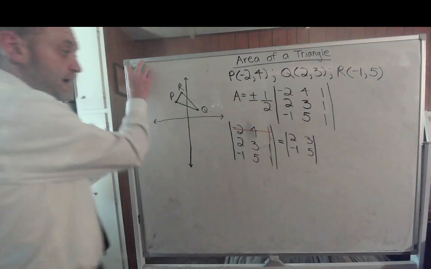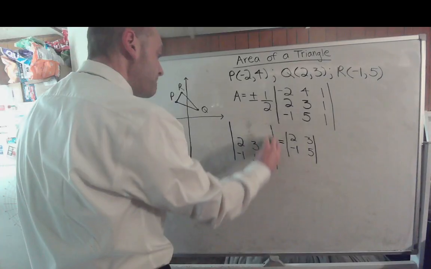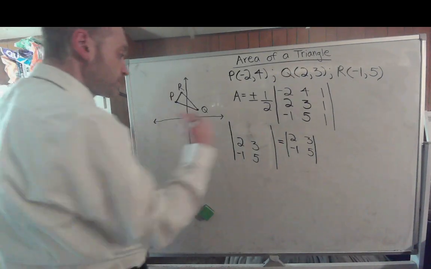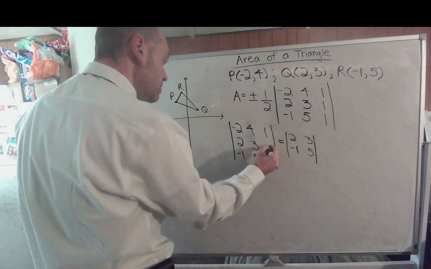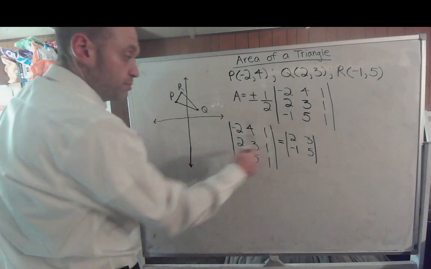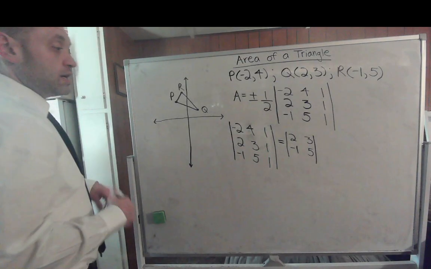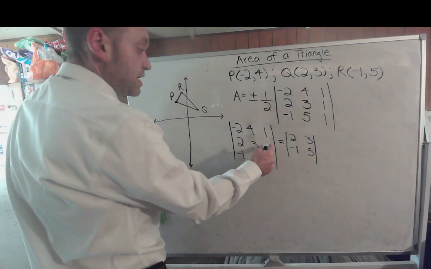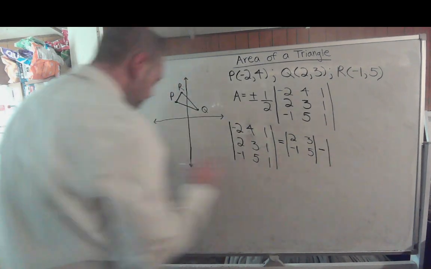Then we use the second number in the third column. According to the cofactor signs, that should be a minus the resulting determinant.